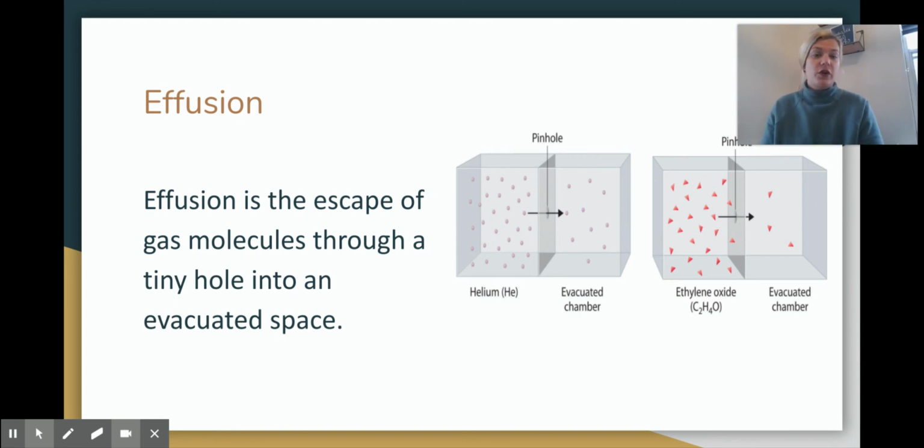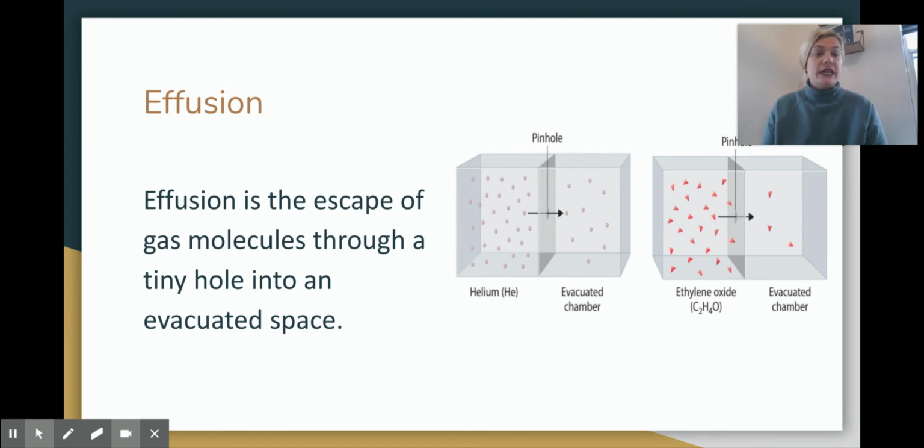You can see the image that I have here. The first example is the helium that I'm talking about. As it moves into the evacuated chamber, you'll notice there are more molecules of helium than the one on the right, which is ethylene oxide. Helium only weighs 2 grams per mole, which means ethylene oxide weighs way more.